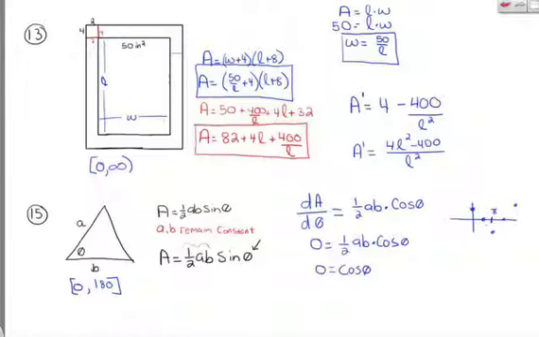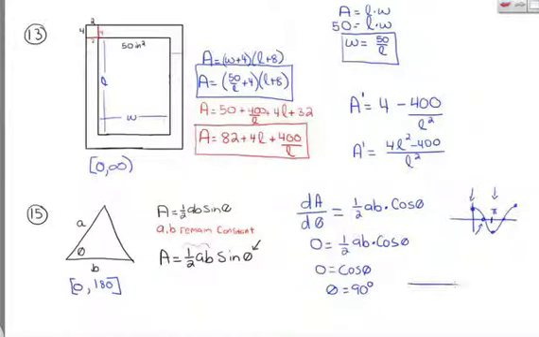So the domain of my function of cosine that we're looking at is simply from 0 to pi. And between 0 and pi, we have one time when cosine equals 0. So when does cosine of theta equal 0? Only when theta equals 90 degrees.